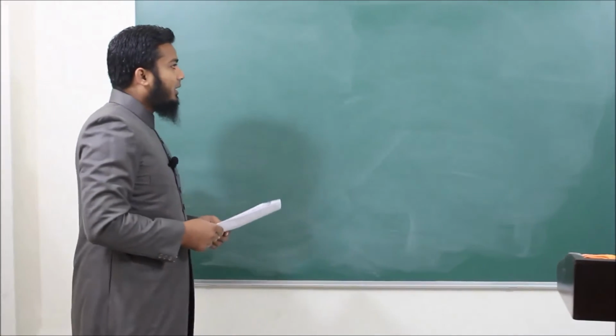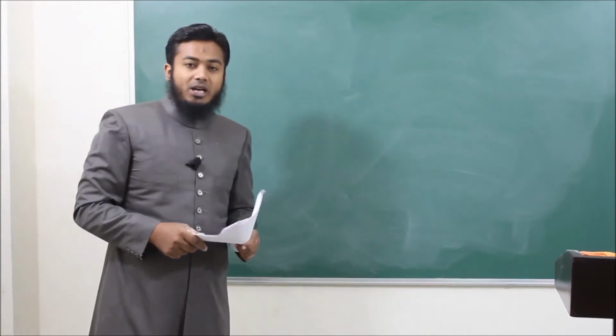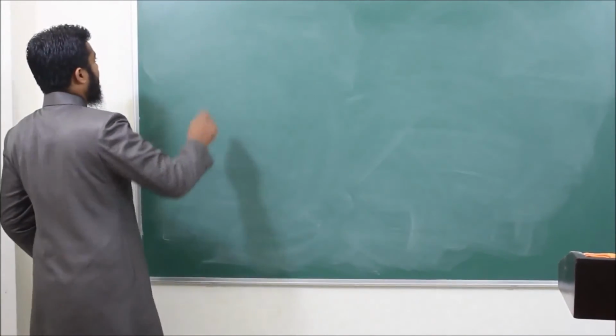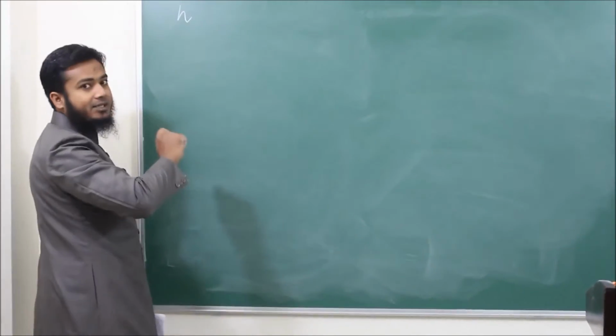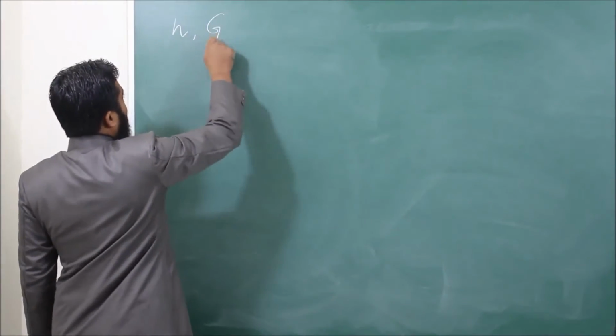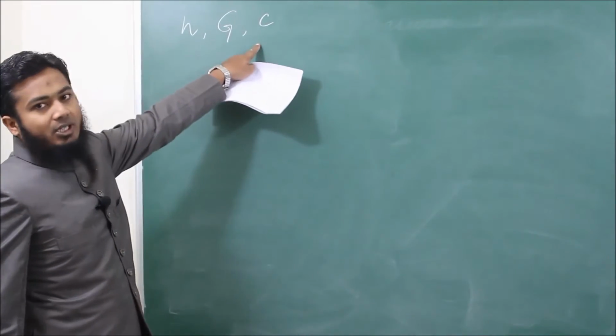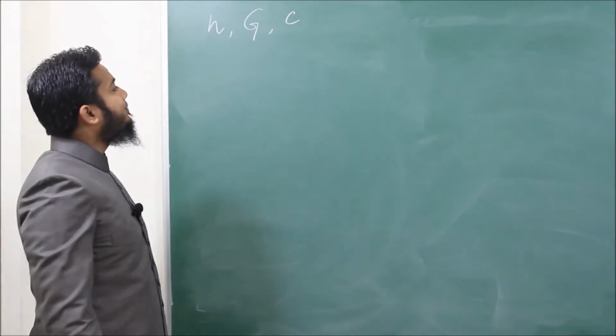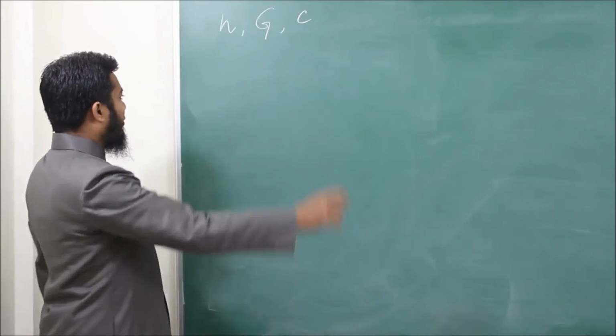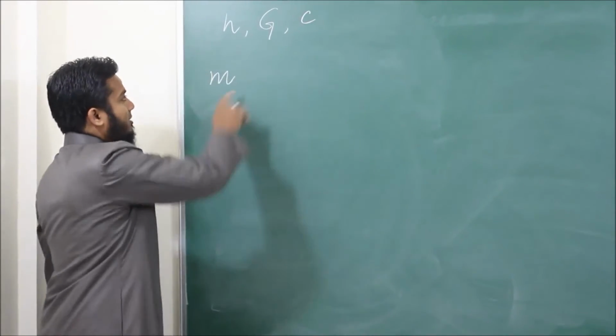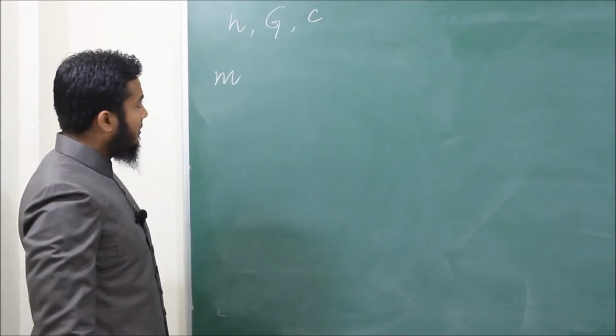So let's derive a dimensional formula for mass in terms of these base quantities. I have chosen base quantities as Planck's constant, gravitational constant, and speed of light. For speed of light we write c, speed of light in vacuum. And I have to find the dimensional formula for mass in terms of these quantities.